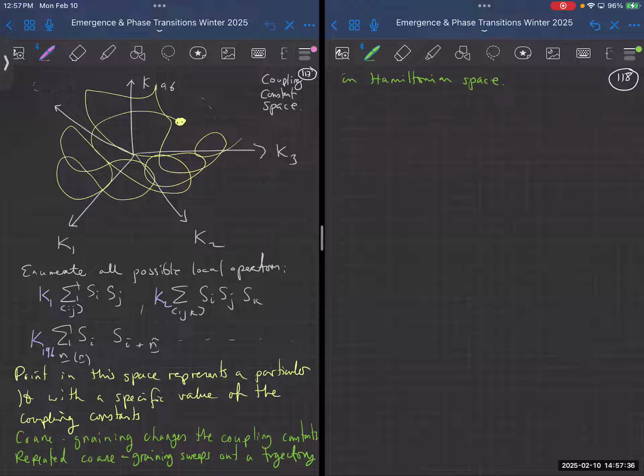So that is our picture. In some sense, then, the time variable in this dynamical system picture is really the scale of coarse graining.